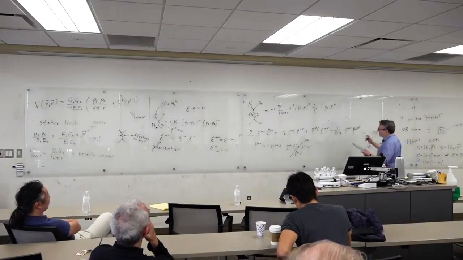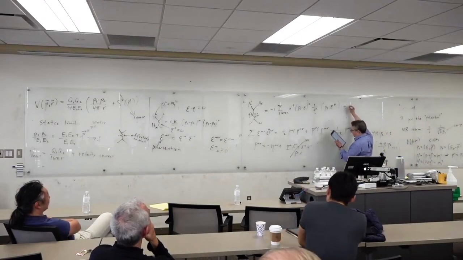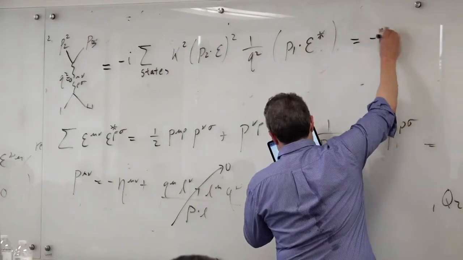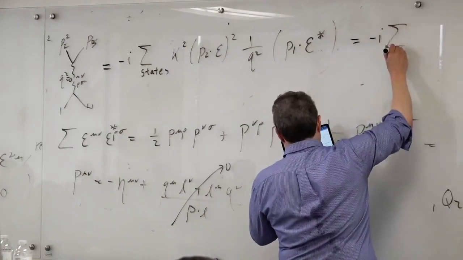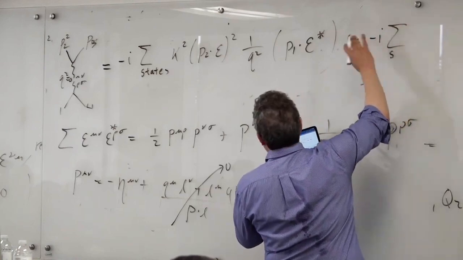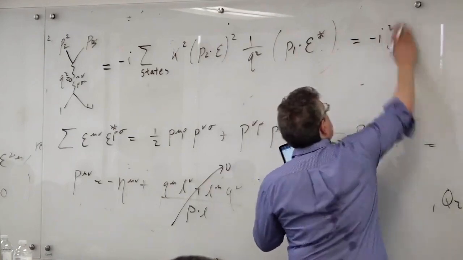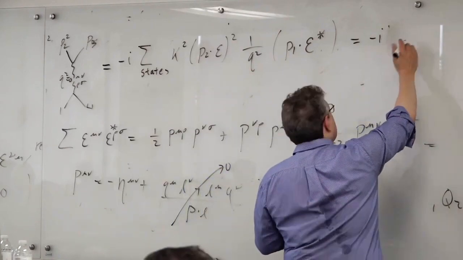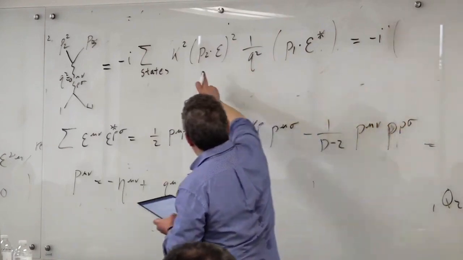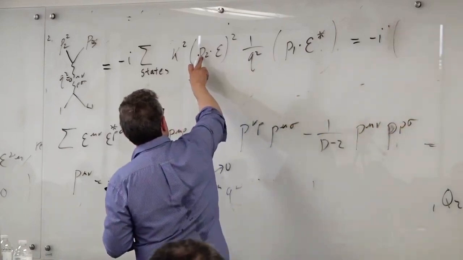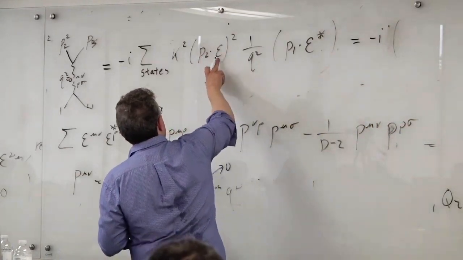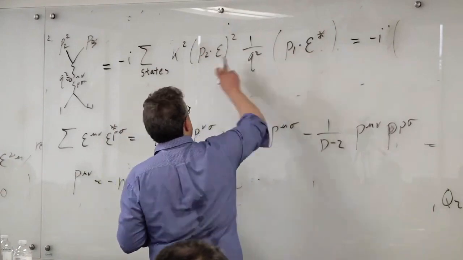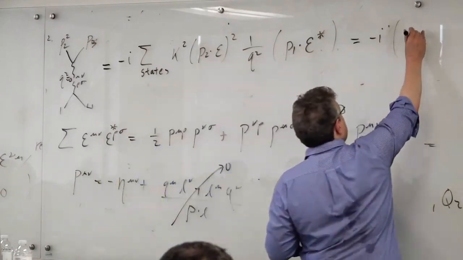The answer is, this is equal to minus i, the sum over states. Okay, wait, all right, let me do this. Sorry, I'm going to do the state sum. And so that's equal to, well, let's see, there's an eta, like a P2, and then this becomes an eta that contracts P1 to P2.